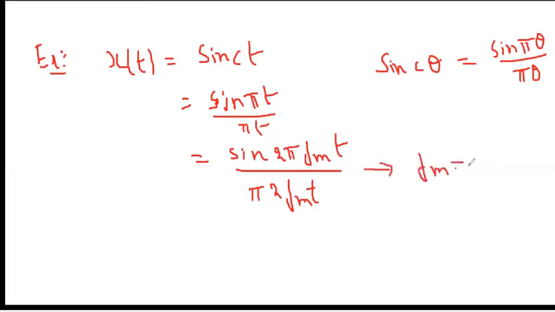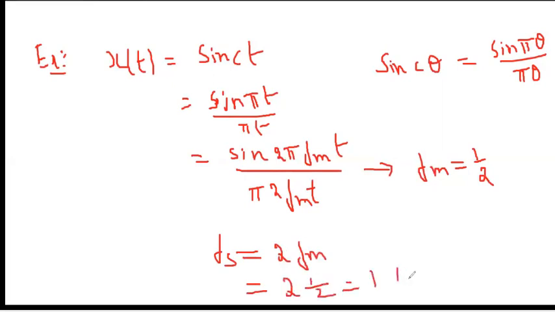Now the maximum frequency Fm, when comparing, is 1 by 2, to get sine pi t by pi t in this function. So you can substitute Fm equal to 1 by 2 hertz. Now the sampling frequency Fs is equal to 2 into Fm. For the sinc function, 2 into 1 by 2 is equal to 1 hertz, my dear students.